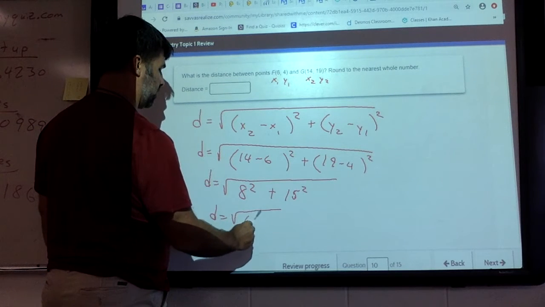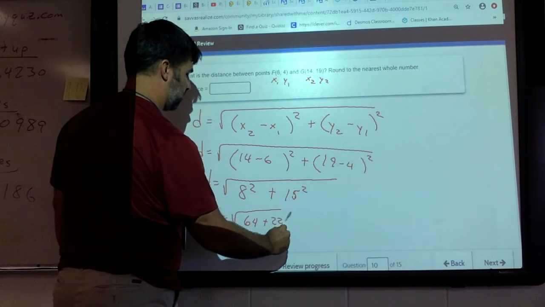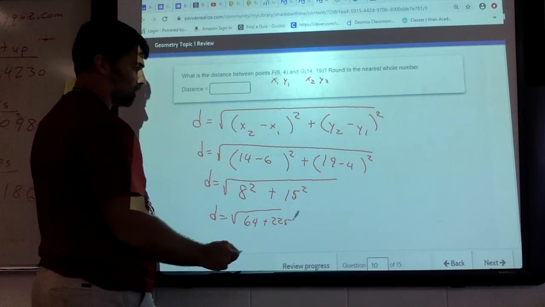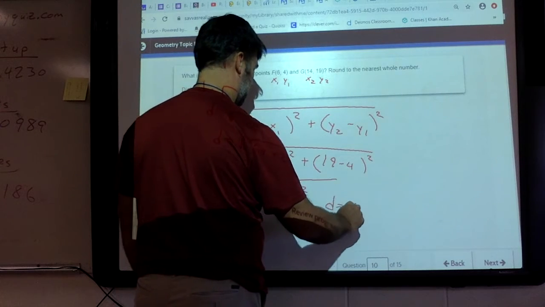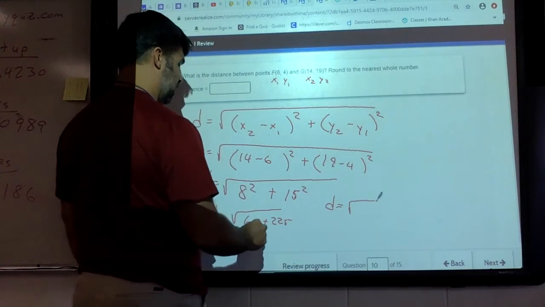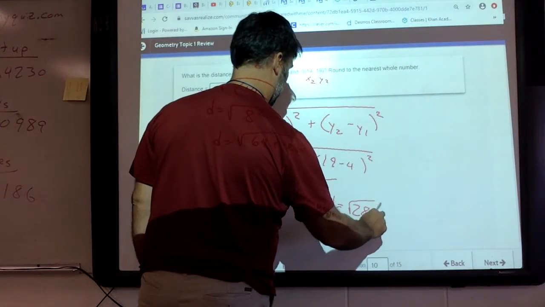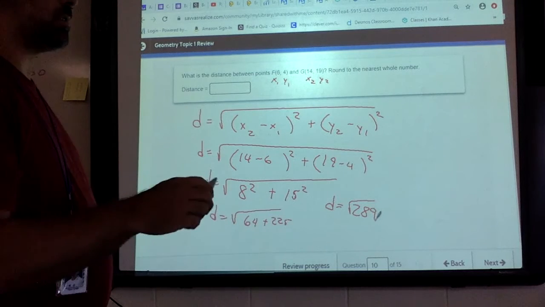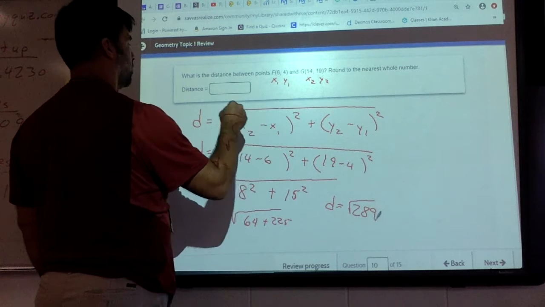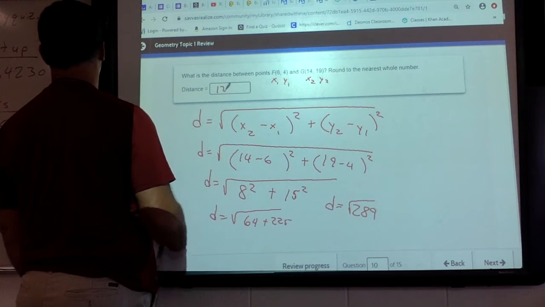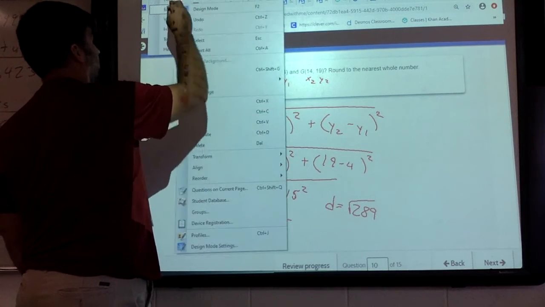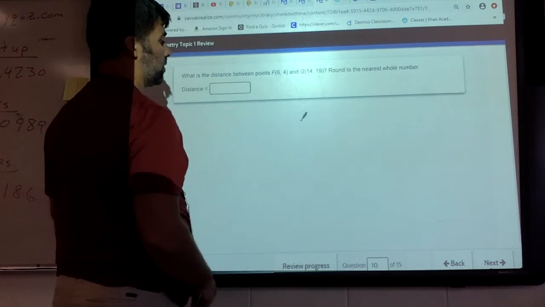I get 64 and 15 squared is 225. So I add that. We'll come over here. Square root of 289. If you punch that in the calculator, I'm not going to punch it in, but if you punch that in the calculator, you get around 17. So you would round the whole number, and the distance of that one would be 17. Okay, so punch that in the calculator if you don't trust me, but that is going to be rounded to the whole number is going to be 17.